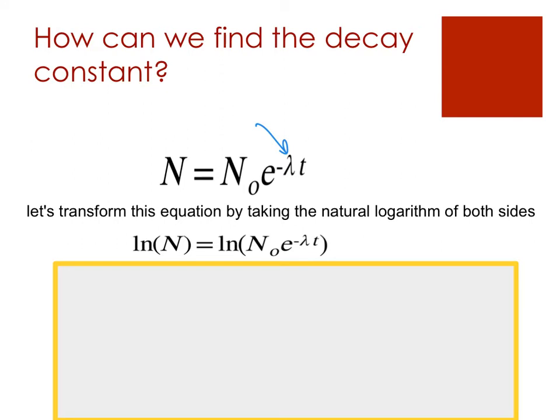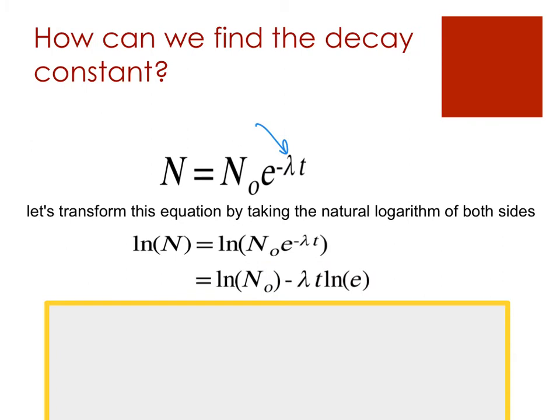Now, if you remember from math class, when you have natural logarithms of two numbers multiplied together, you can separate them, in this case, ln N naught plus ln e to the power negative lambda t. Now I've also taken another little shortcut. Once I have ln e to the exponent minus lambda t, that lambda t can come down in front.